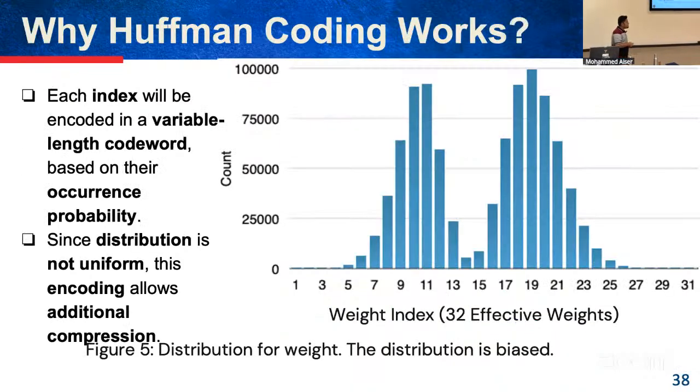In this work, they also analyze why Huffman coding works. If we check these weights, for example, after pruning and quantization, with indices 0 to 31, we can see that some weight indices are used more and some are used less.